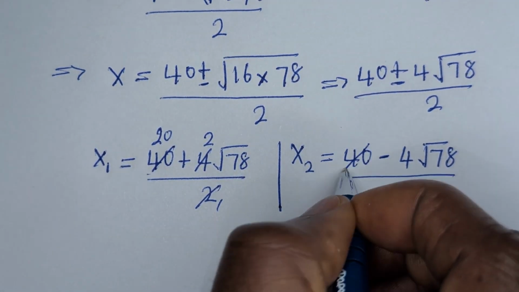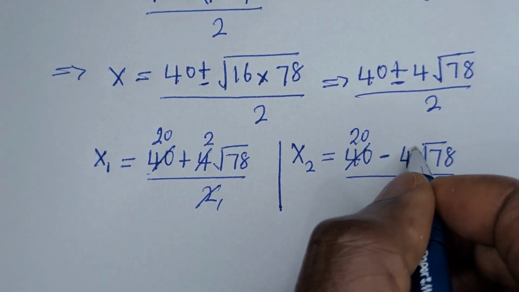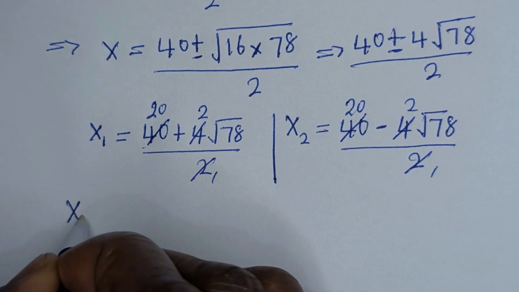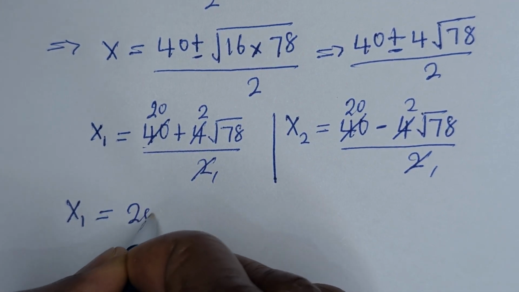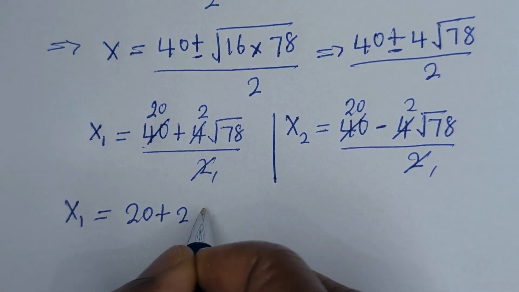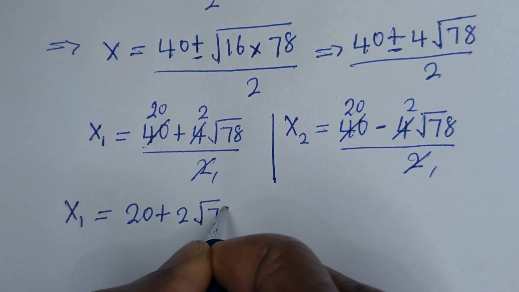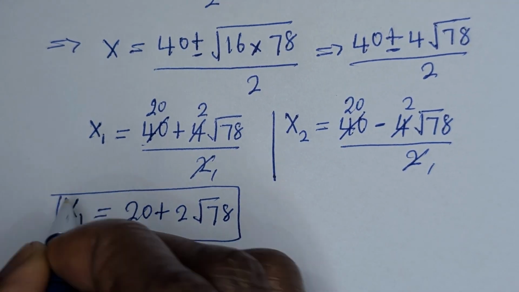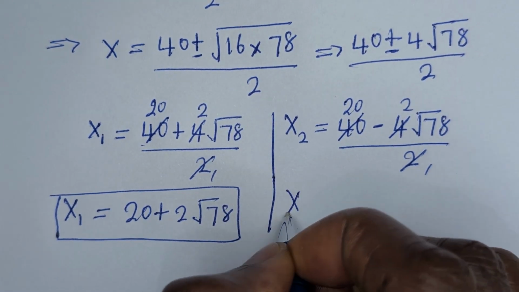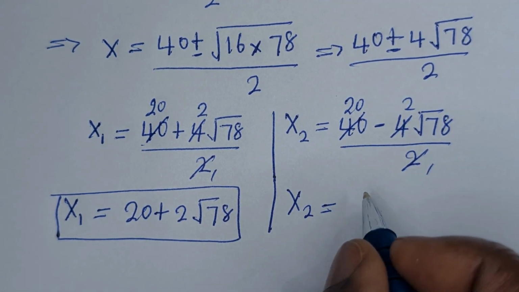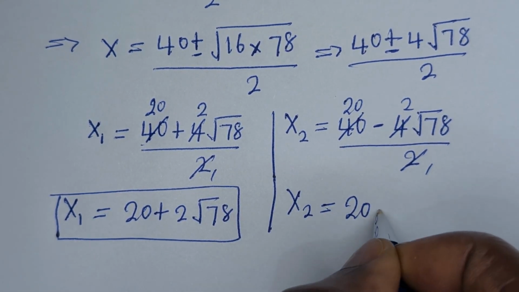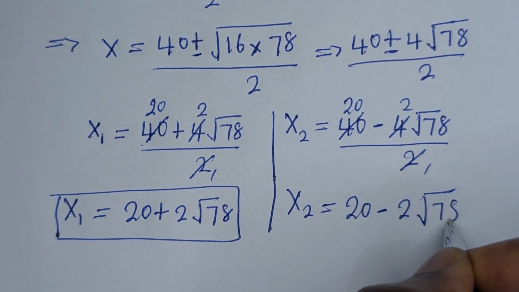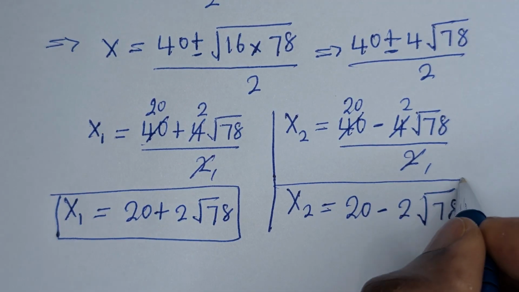So x1 is equal to 20 plus 2 root 78. This is the value of x1. And then x2 is equal to 20 minus 2 root 78. This is the value of x2.